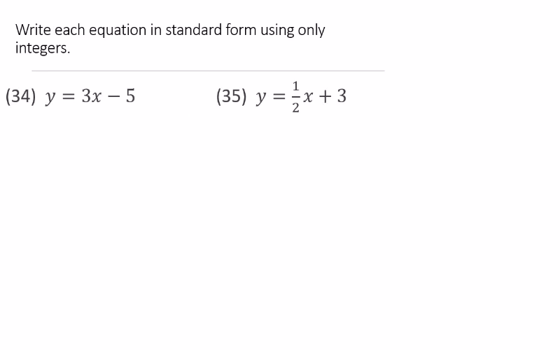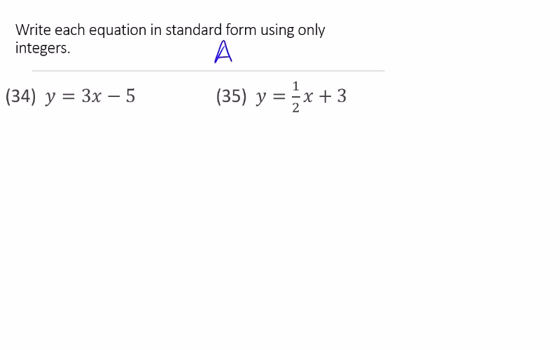So 34, we want to write each equation in standard form using only integers. Once again, that was already designated as being part of the definition of standard form. So what I want to do is first get x and y on the same side, but remember, we want the value in front of x, the a value, to be positive, right?